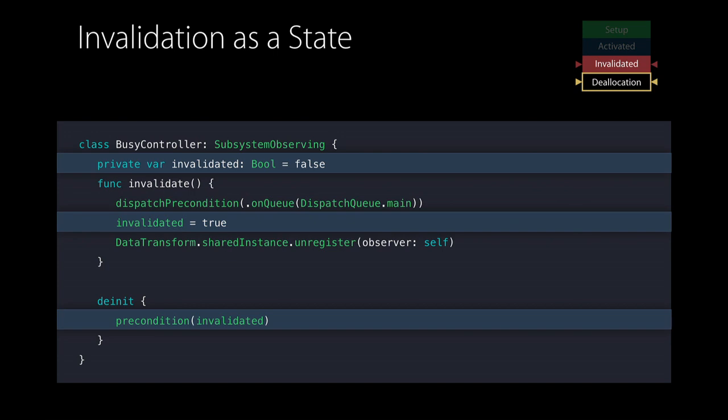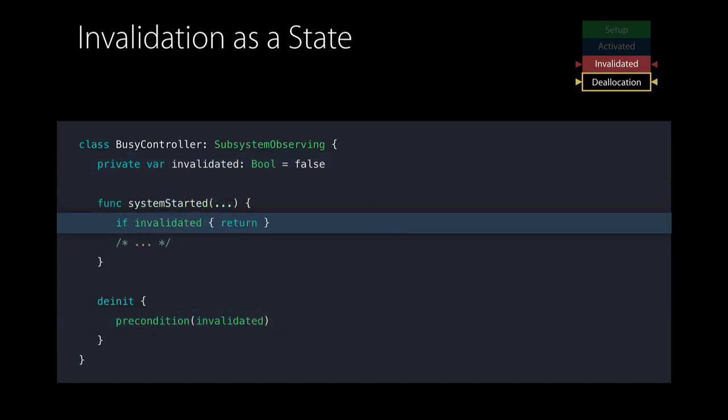It will help you find bugs. Why is it interesting? Because now, in your code that handles the notifications for the state transitions, we can observe that the object was invalidated and actually drop the notification on the floor and not update the UI in a way that will be awkward.